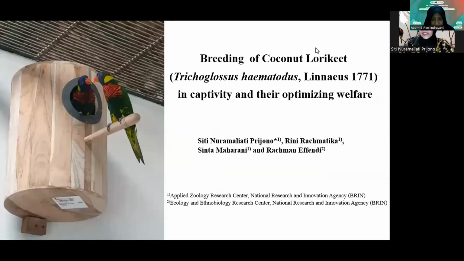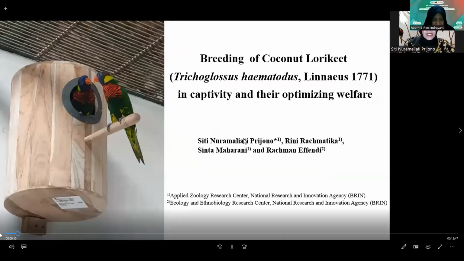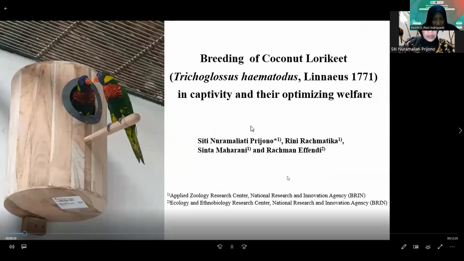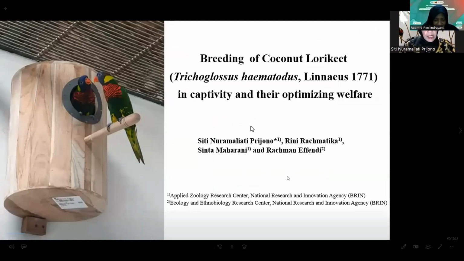Assalamualaikum warahmatullahi wabarakatuh. My name is Siti Nur Amaliati Triyono from the Applied Zoology Research Center, National Research and Innovation Agency, BRIN. The research about Trichoglossus haematodus was carried out by me, Rini Rahmatika, Sinta Maharani, and Rahman Effendi.